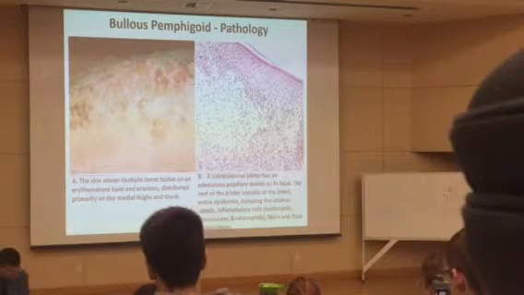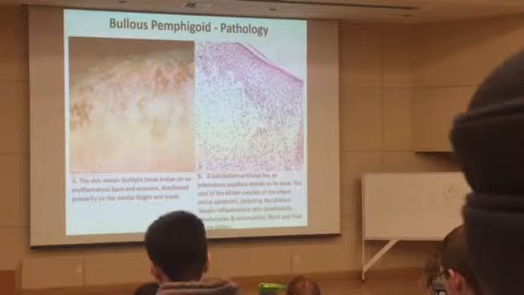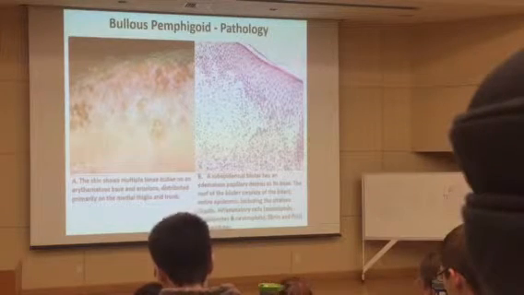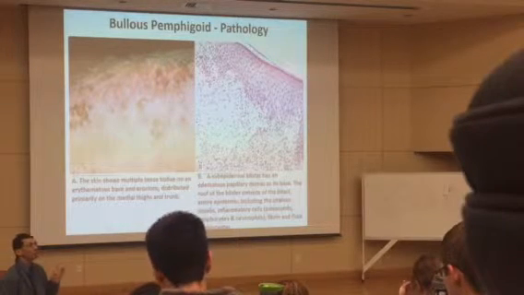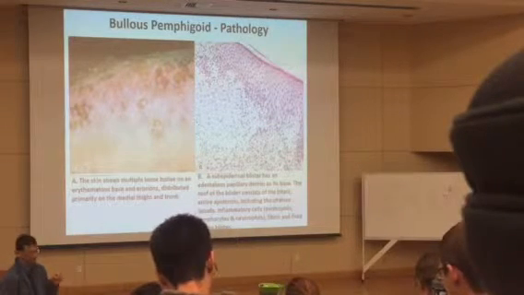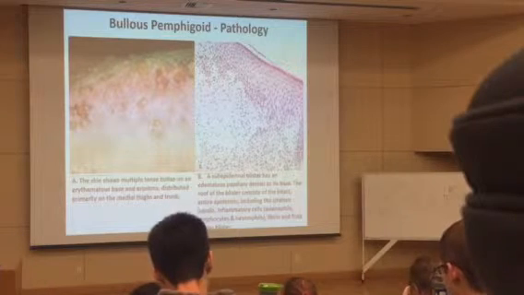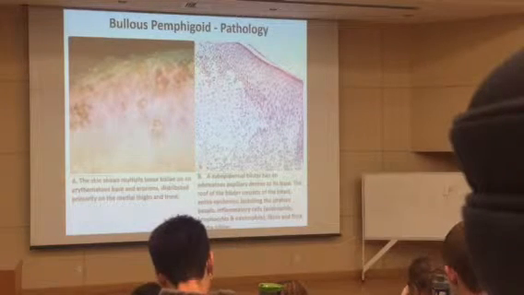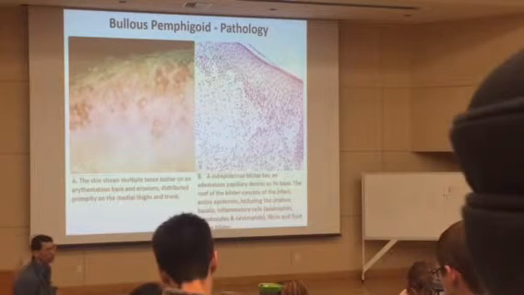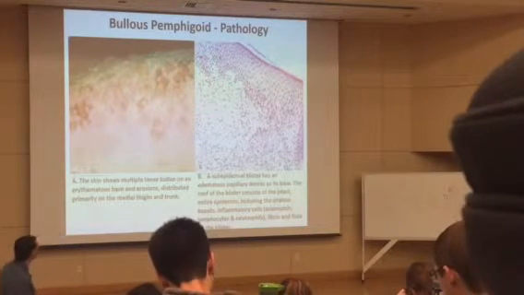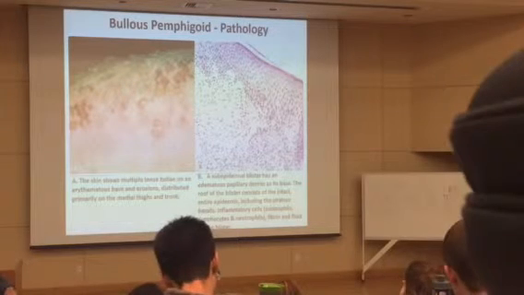Then going on to the next condition we discussed, item 5 on your notes, is bullous pemphigoid. Now, whereas pemphigus vulgaris has flaccid blisters, this condition has tense bullae. When this patient goes in, the blisters will be evident, and the reason for this is that it has a deeper cleavage.